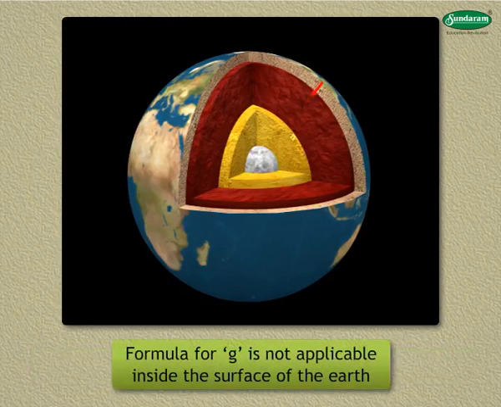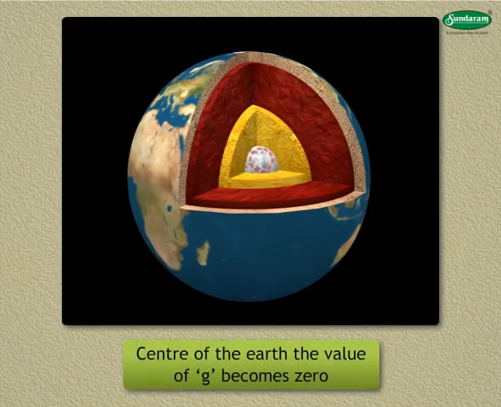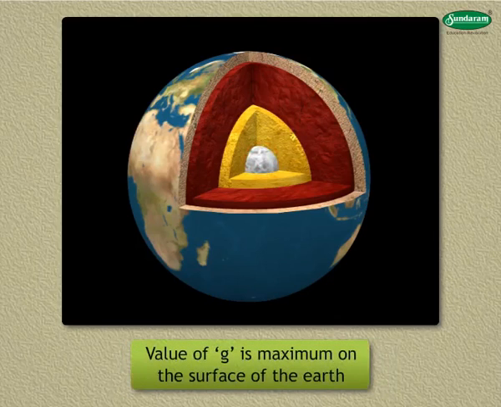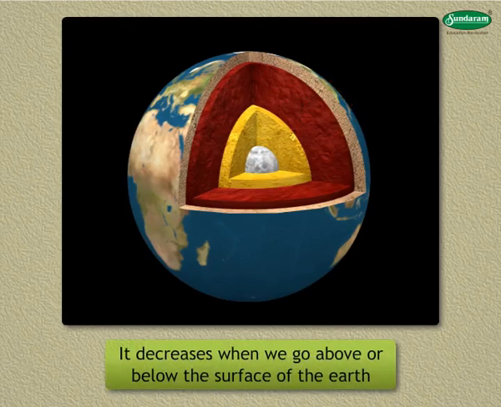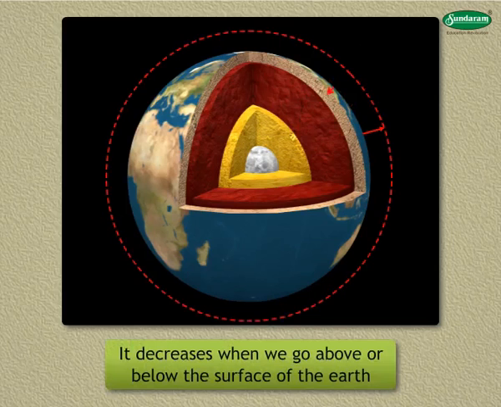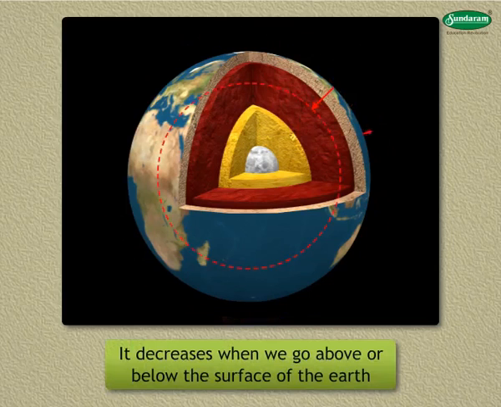However, the above formula for g is not applicable inside the surface of the Earth. At the center of the Earth, the value of g becomes 0. Thus, we can conclude that the value of g is maximum on the surface of the Earth. It decreases when we go above or below the surface of the Earth.